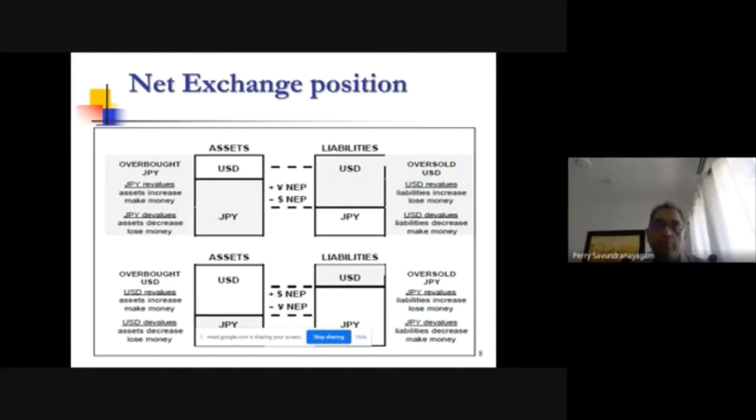Now, that is not an exchange position. The guy will borrow dollars and pay off his dollar commitments. It could be an oil bill, a payment for machinery, or whatever it might be. So for that person, the bank needs to be able to borrow dollars to fund that dollar asset book.